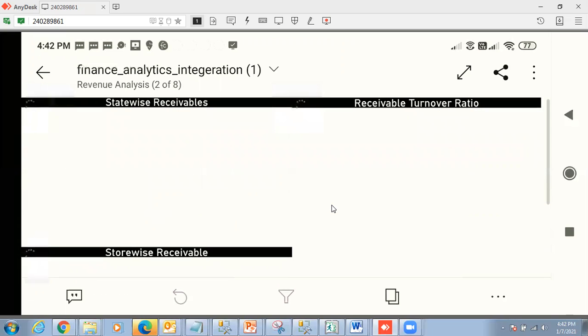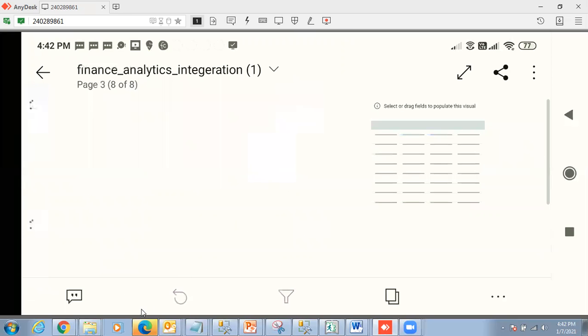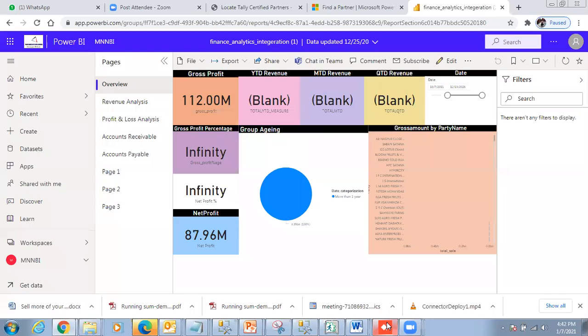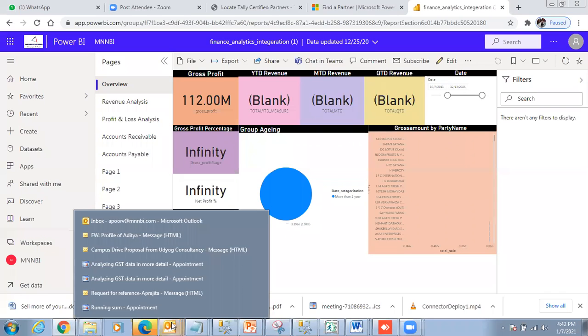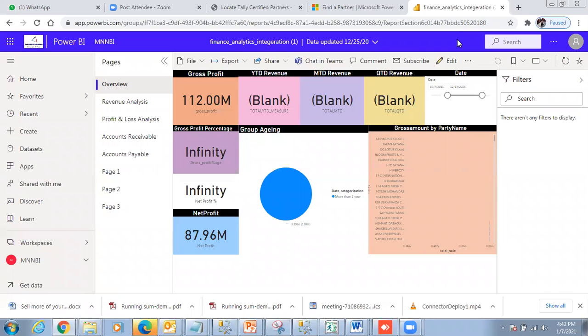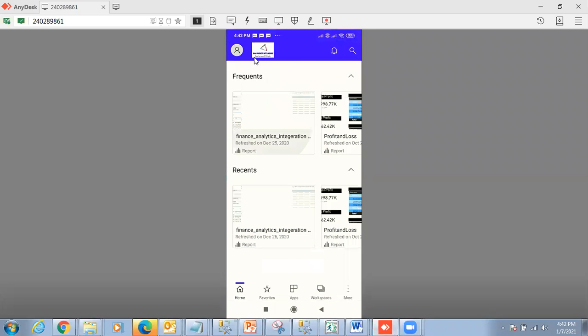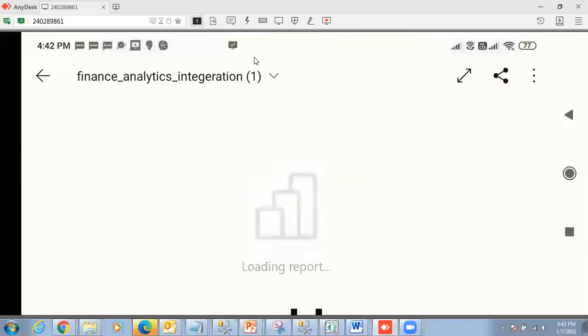Now, the other questions which people have had is, just 1 second, team. Oh dear, oh dear. So I think, right. You must have, sorry, I'm going through it again. This is the finance analytics integration dashboard, right?